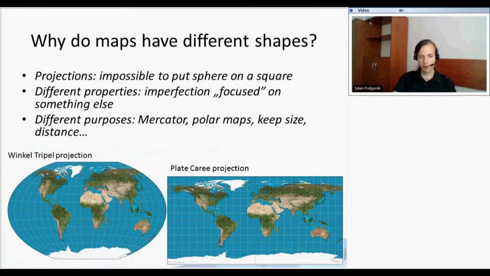This strange grid, the graticule, can have different shapes, different proportions. And that may seem weird given that our planet Earth always looks the same. There's only a single planet Earth. It doesn't change, but the maps are so very different. And this is because of the projections.